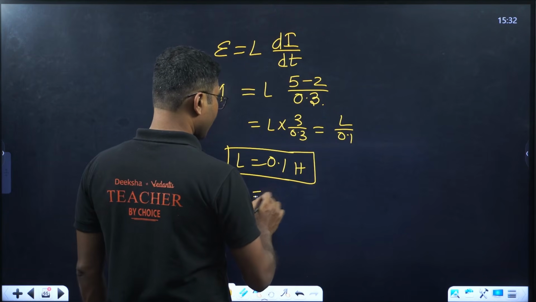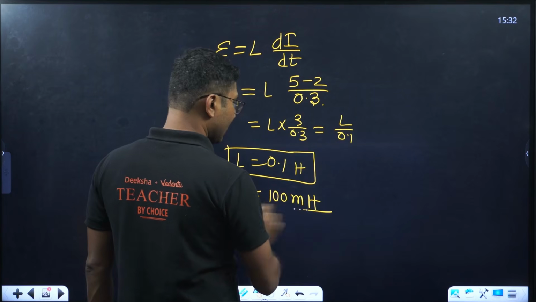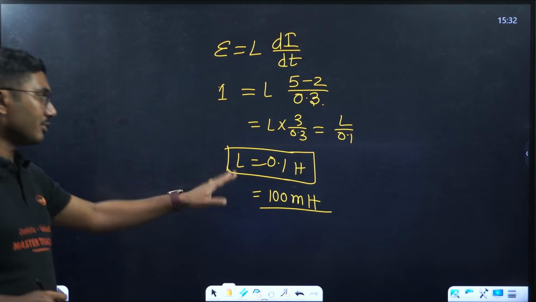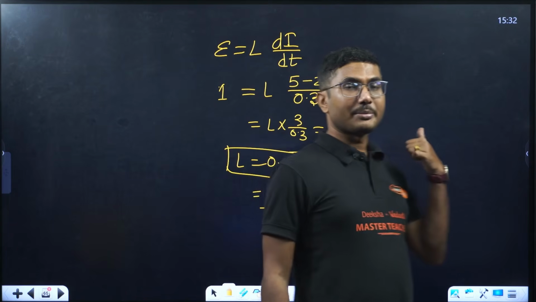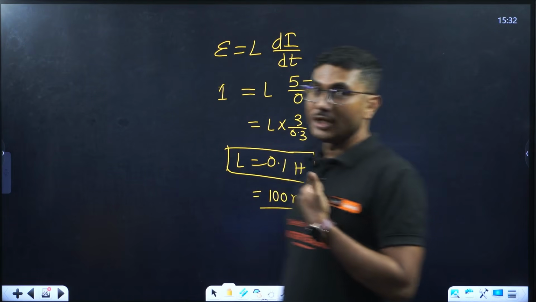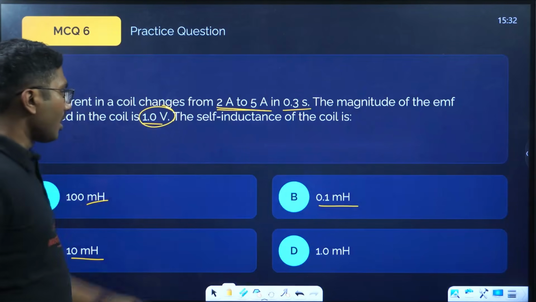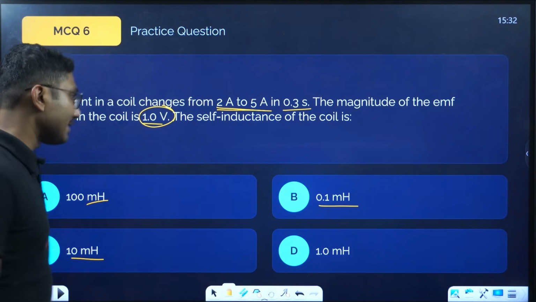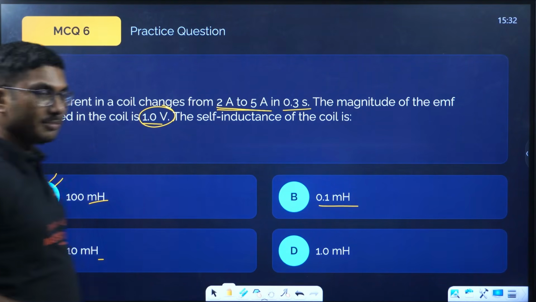So if you want to convert it into millihenry, it will be 100 millihenry. So be very careful. Such questions are super common in KCET. The only mistake students make is that they forget to change the unit. They solve it, they think millihenry is the answer and they blindly put 0.1 milli as the answer. It will be not 1, sorry, it will be 100 millihenry. Okay, 100 millihenry is the answer.